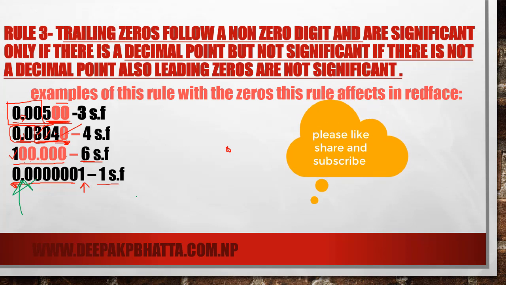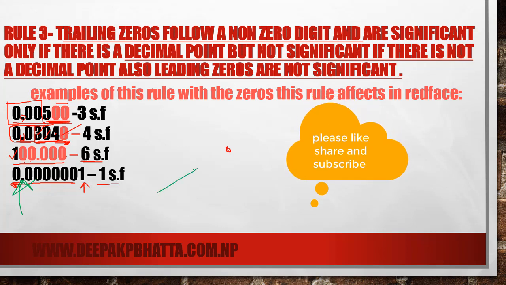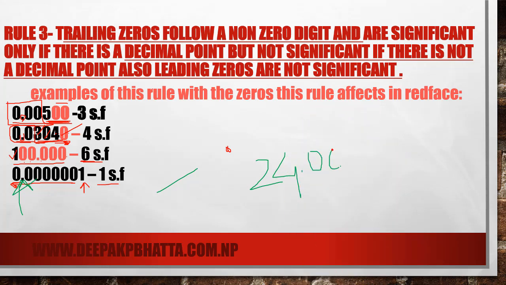These are the examples. Again, let us take another example. If we have 2.000, then these zeros are to be counted because here is a decimal point. Therefore, its significant figures are 1, 2, 3 and 4. Its significant figure count is 4.